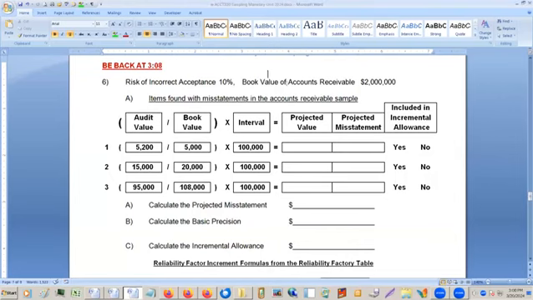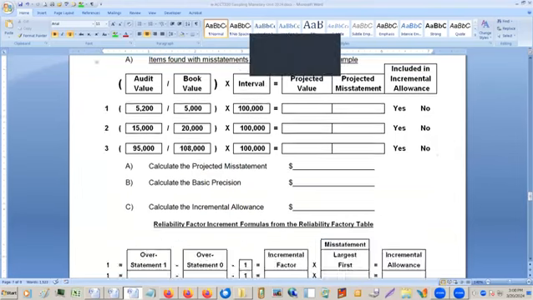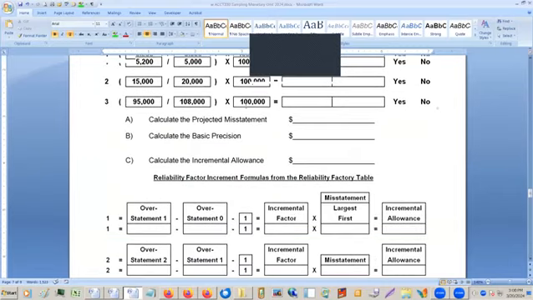What's wrong here? Okay, let's go ahead and go through monetary unit sampling.